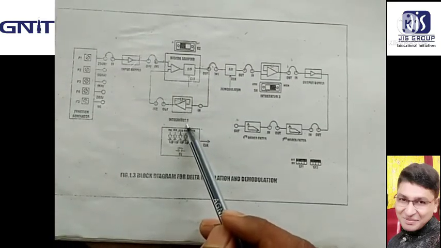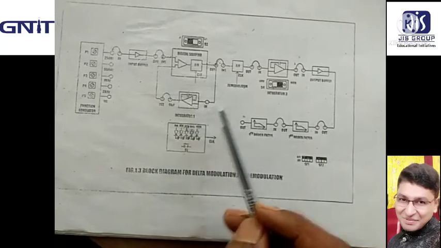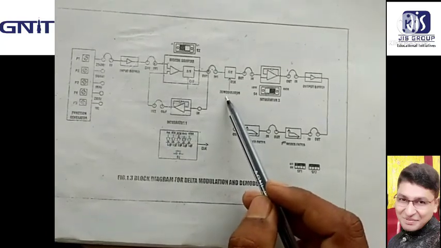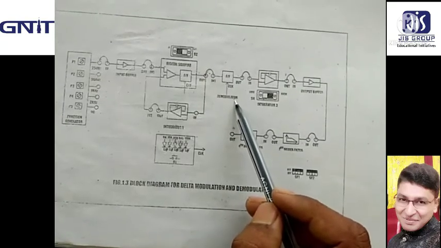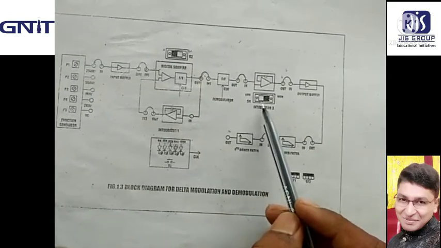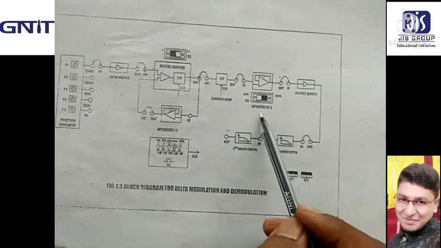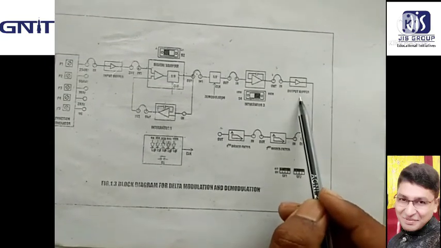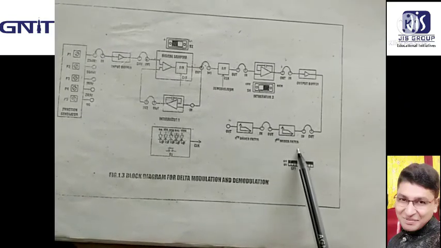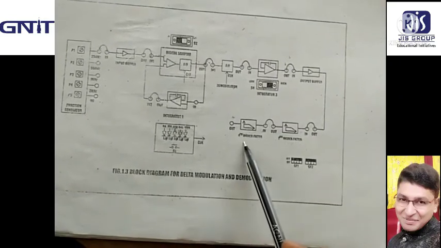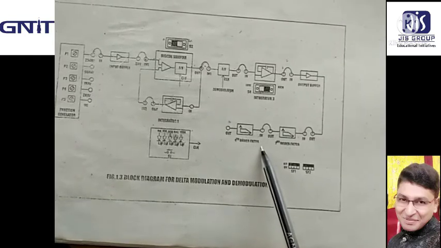This is integrator 1, and this section is the flip-flop modulator section, and this section is integrator 3, and this is the output buffer. Then next is the second order filter, and the last one is the fourth order filter.